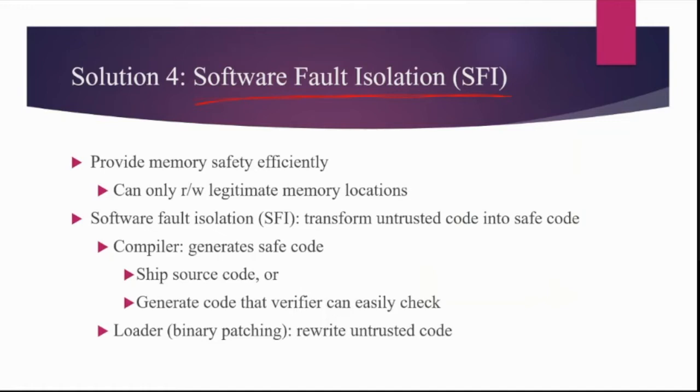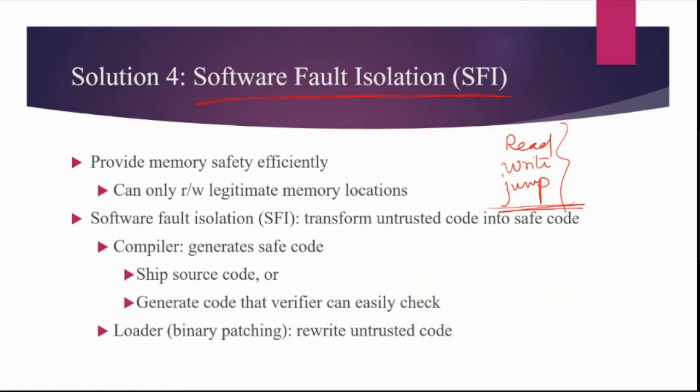If you remember, we want to handle read, write, and jump operations on memory locations. The goal here is that we will allow read and write operations only to legitimate memory locations. This is the overall goal of SFI.